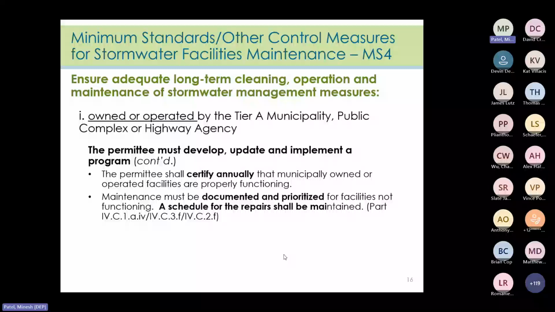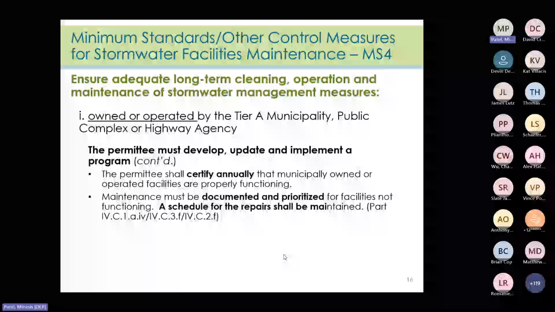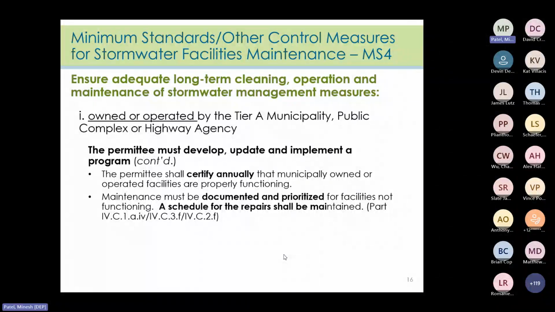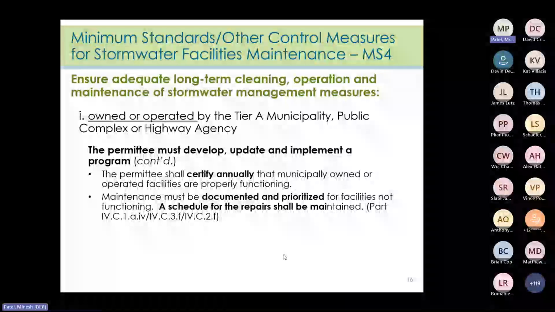Continuing on, the permittee also must certify annually that these facilities are properly functioning. And lastly, improper functioning facilities where repairs were not made must be documented and prioritized, so a schedule must be maintained. The permit citations are in parentheses for the Tier A, public complex, and highway agency permits respectively.